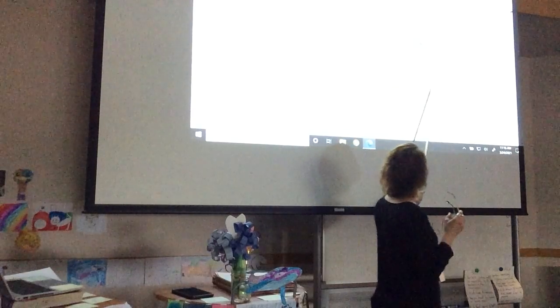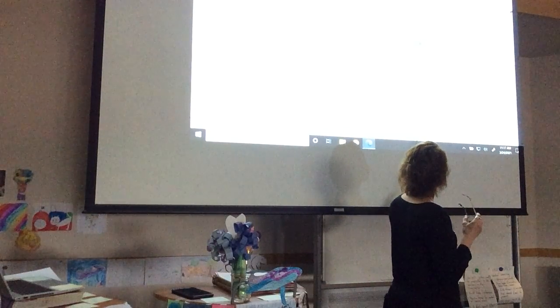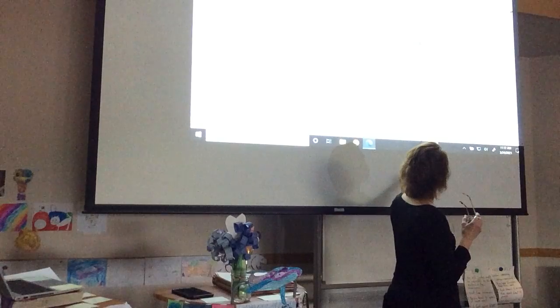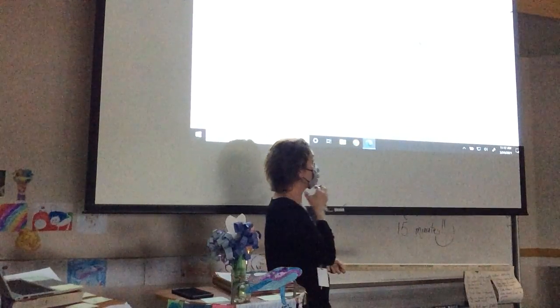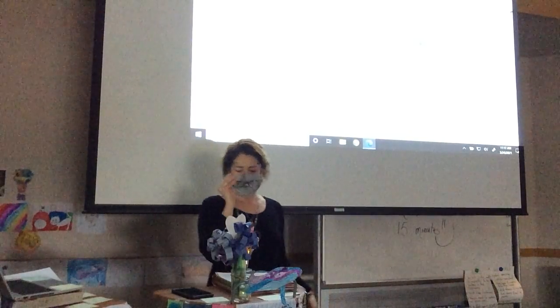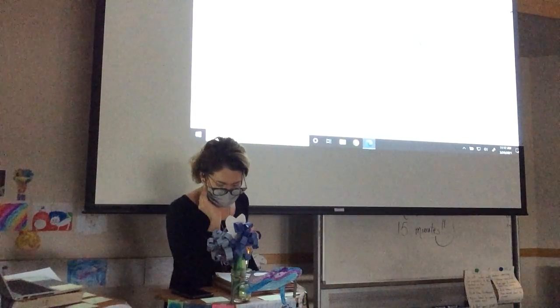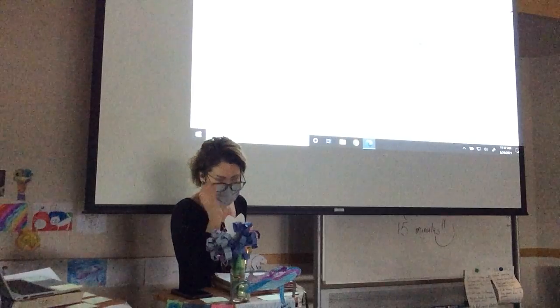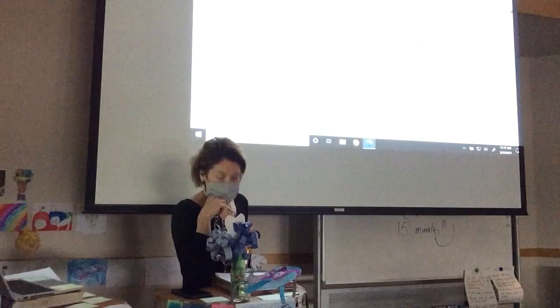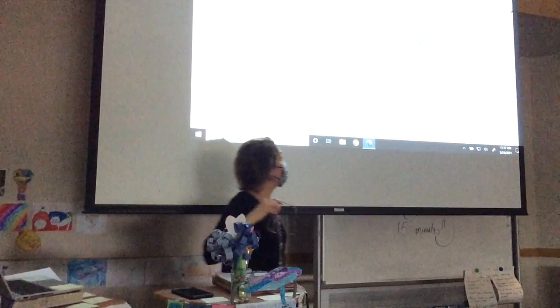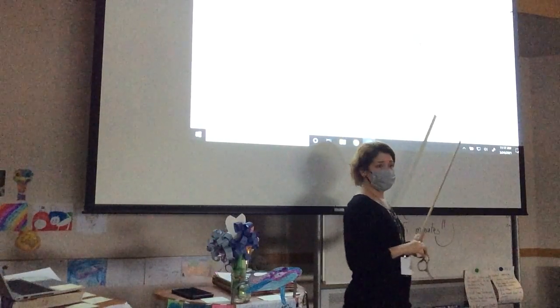Let's count how many we have. 1, 2, 3, 4, 5, 6, 7, 8, 9. What are we dividing here? A third of 9. What is a third of 9? Owen. It is 3. So, how would we divide these?